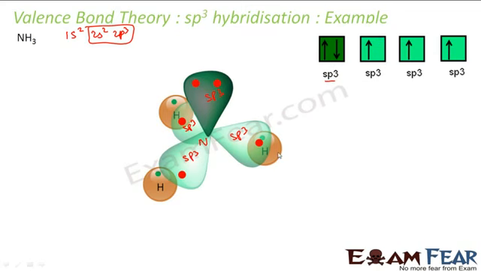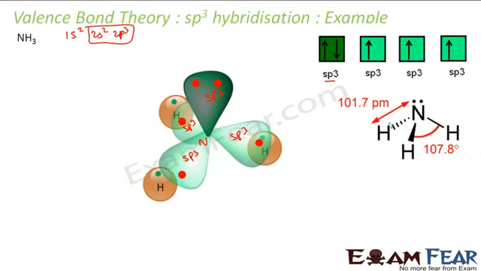Now the hydrogen atoms will form a bond with these, because hydrogen atoms also have s orbitals with unpaired electrons, right? So they'll form the bond. Hydrogen electrons are green in color, you can see that. That's what you see, the shape of NH3.